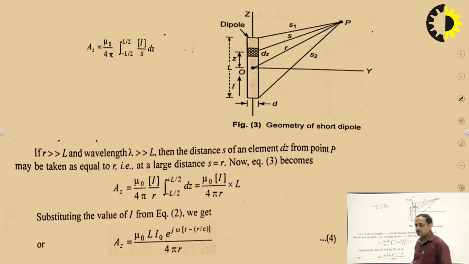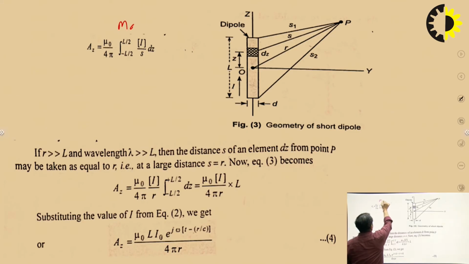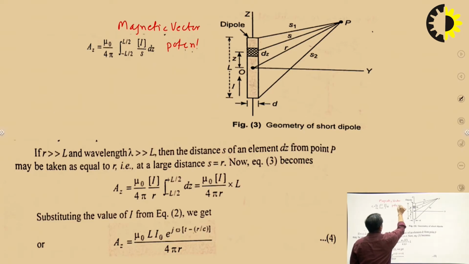Along with this, we are aware that the magnetic vector potential is in the direction of the current carrying conductor.